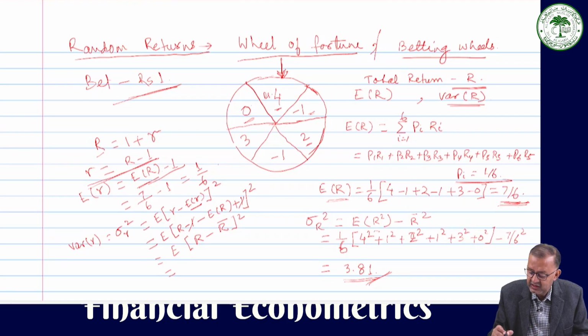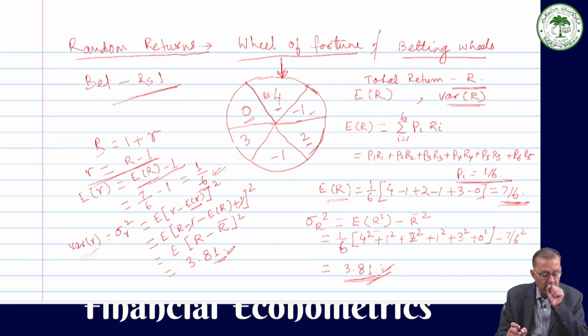This term we have already calculated, 3.81. Clear? So, the rate of return will be 1 by 6, but the variability in the rate of return and the variability in the total return will be the same amount.